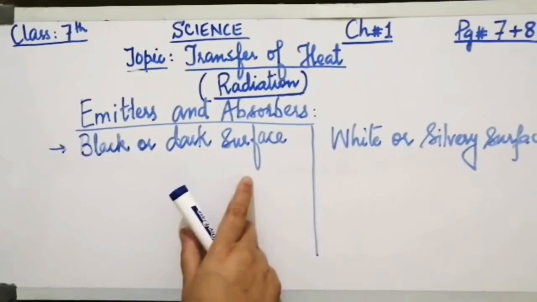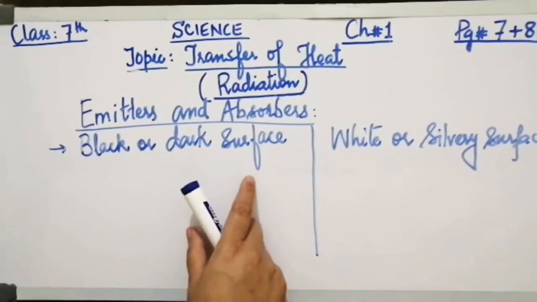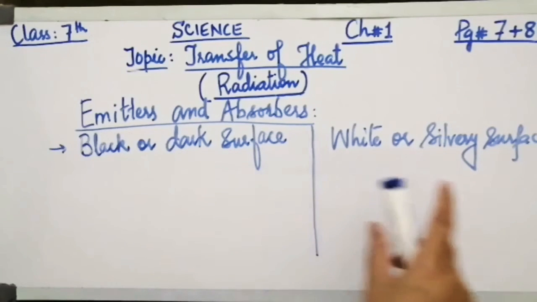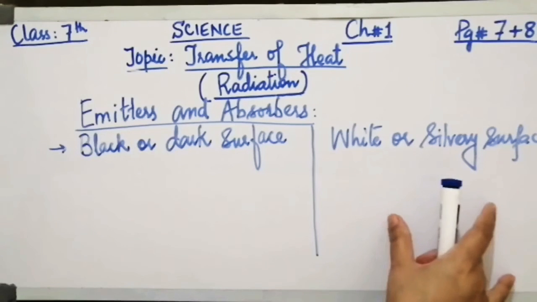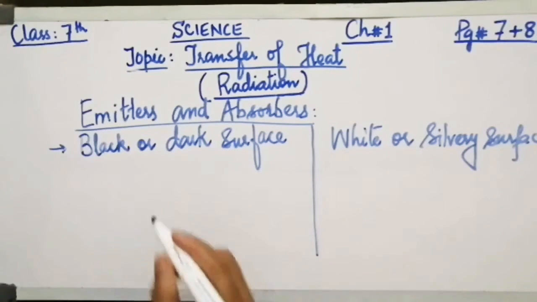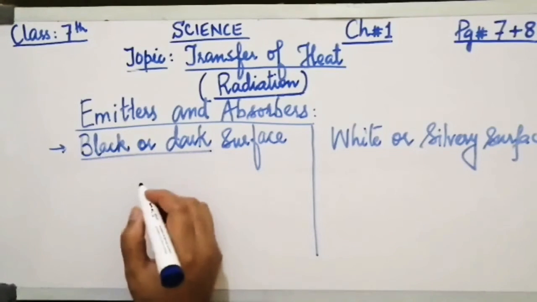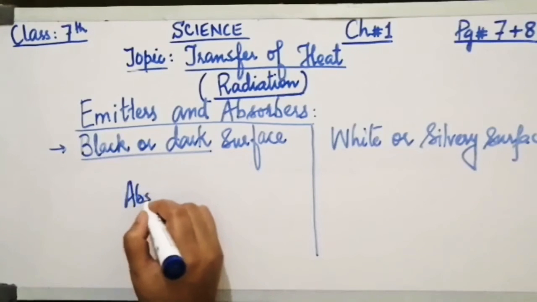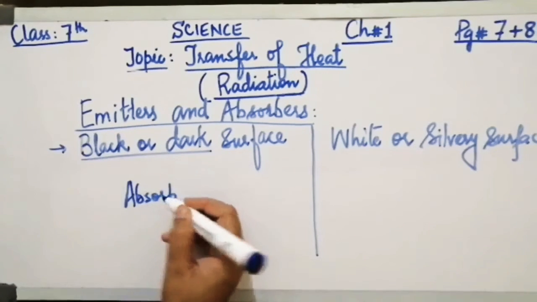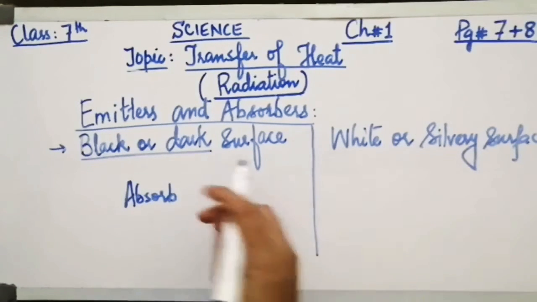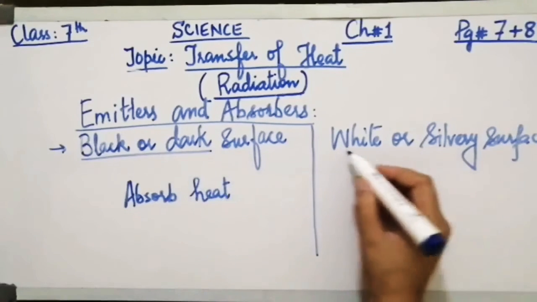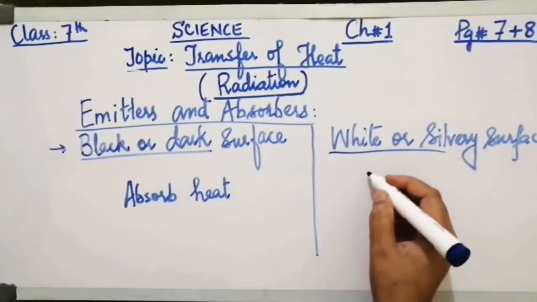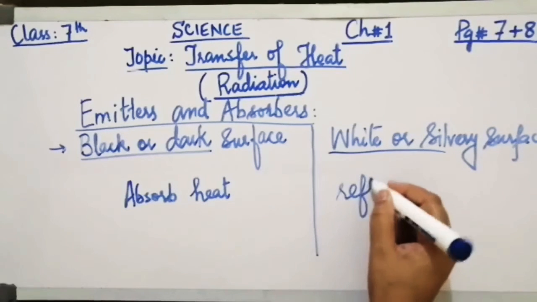Black or dark surfaces are normally the good emitters as well as good absorbers, while white or silvery surfaces are poor absorbers. Why? Because black or dark surfaces absorb light or heat energy, while white or silvery surfaces normally reflect heat.